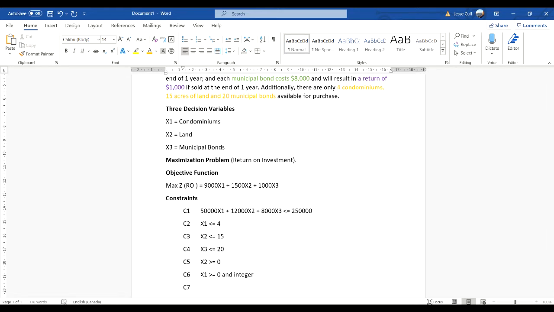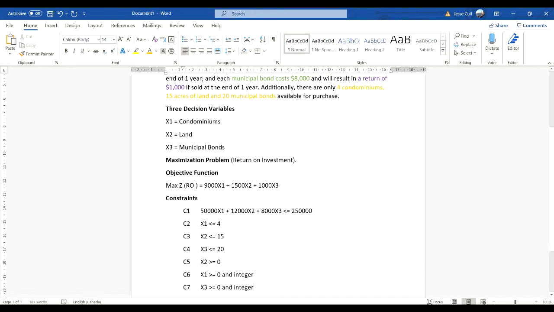C7, we repeat that one more time. X3 must be greater than or equal to 0 and integer. That again states that we cannot purchase percentages of municipal bonds.